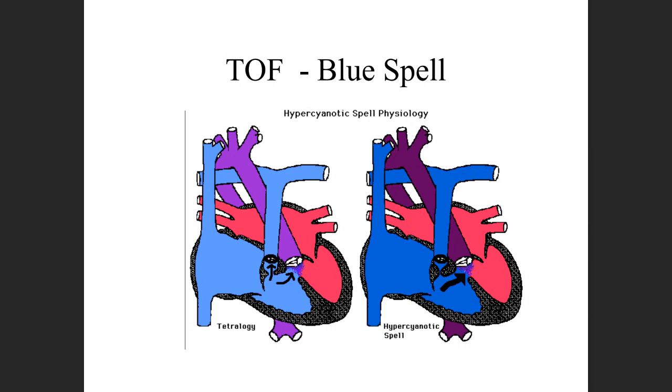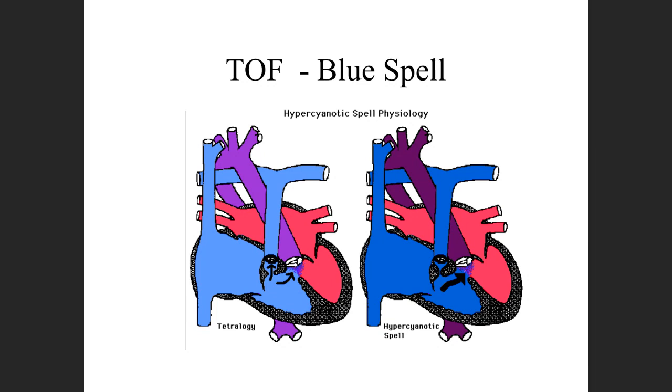So when you increase the volume of blood flowing across there, then the patient is going to become increasingly cyanosed. What will increase that right to left shunt significantly is if the systemic vascular resistance falls. If the systemic vascular resistance falls, then it causes more blood to be ejected across the VSD into the left ventricle.